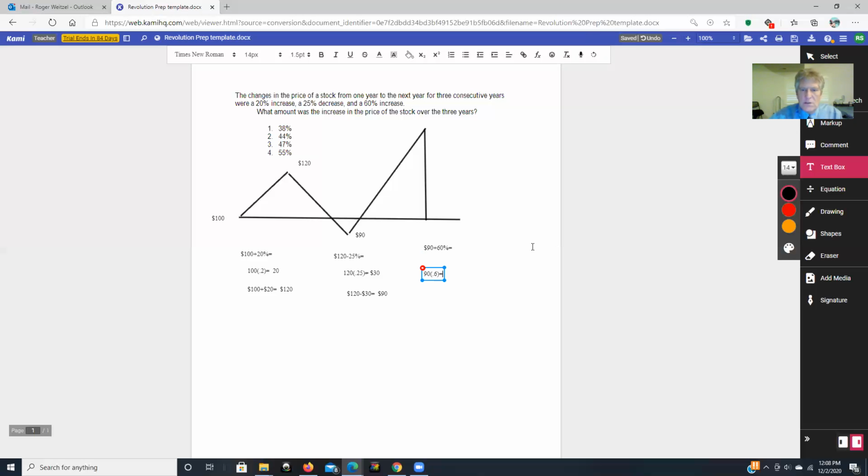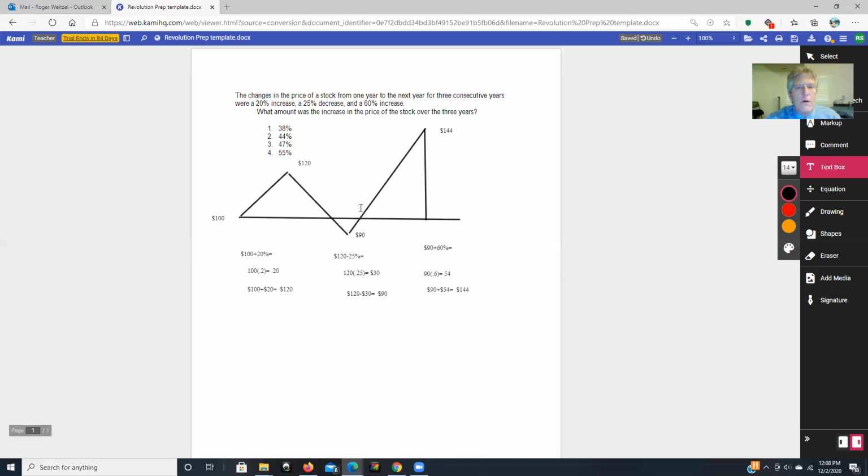And that's going to give us a resulting value of $54. Now, we're going to add that to our previous value. So we're going to have $90 plus $54 is equal to $144. So right up here, our amount is going to be $144.